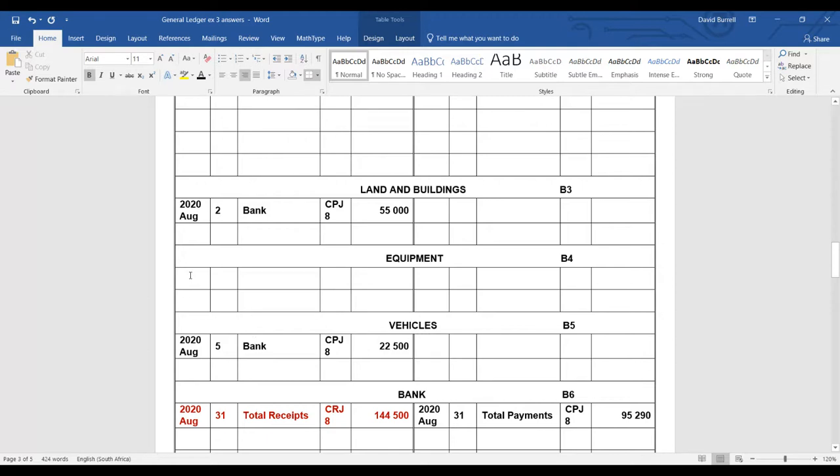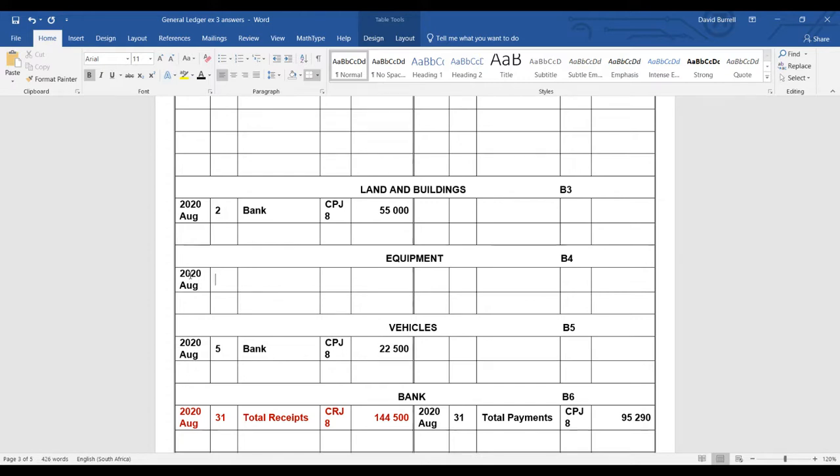Then we had an equipment one. We're doing pretty much the same thing with all of these, all on the debit side. It's the 4th transaction down, and it was the 6th. You're going to put bank, CPJ8, and the equipment amount is 10,900, all from your sundry accounts column.